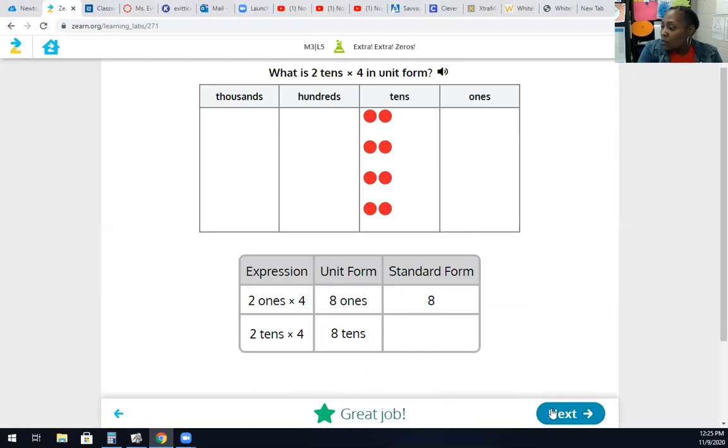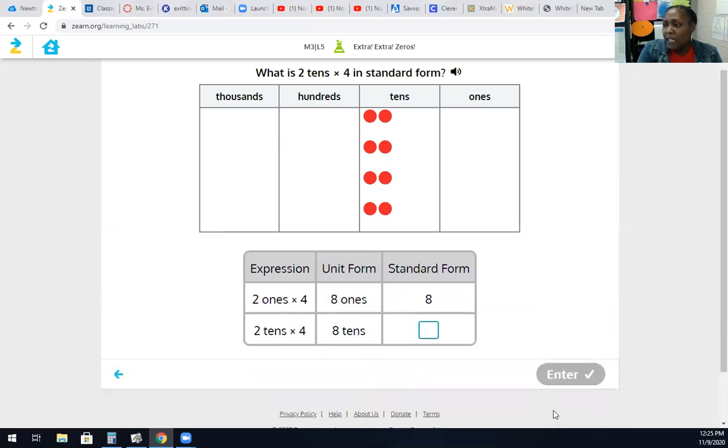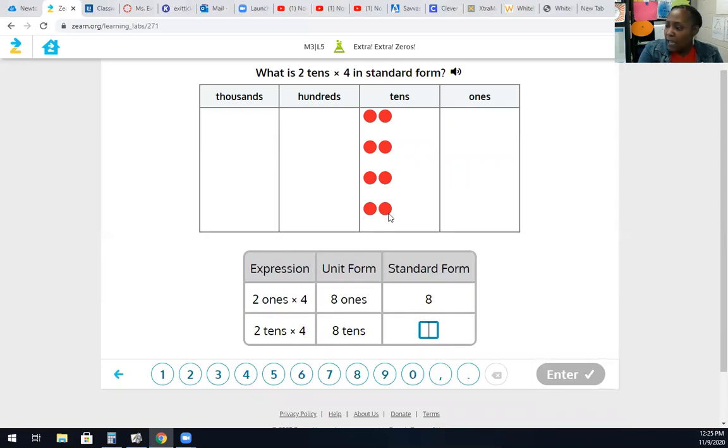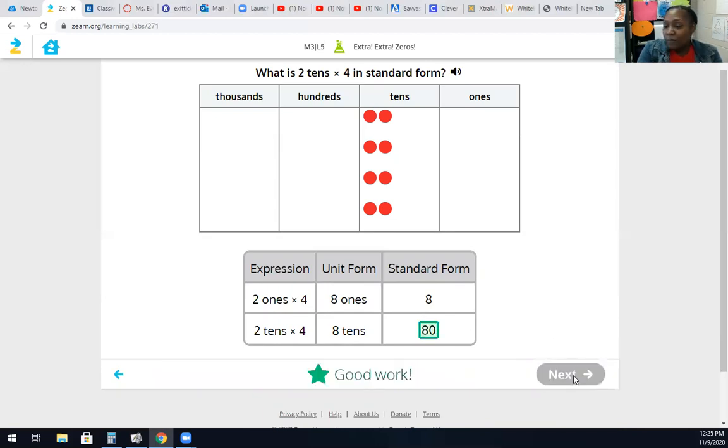Now, let's go next. What's the standard form? What is 8 tens? 8 tens: 10, 20, 30, 40, 50, 60, 70, 80. That would be 80. I'm positive it's 80. Let's see. Good job.